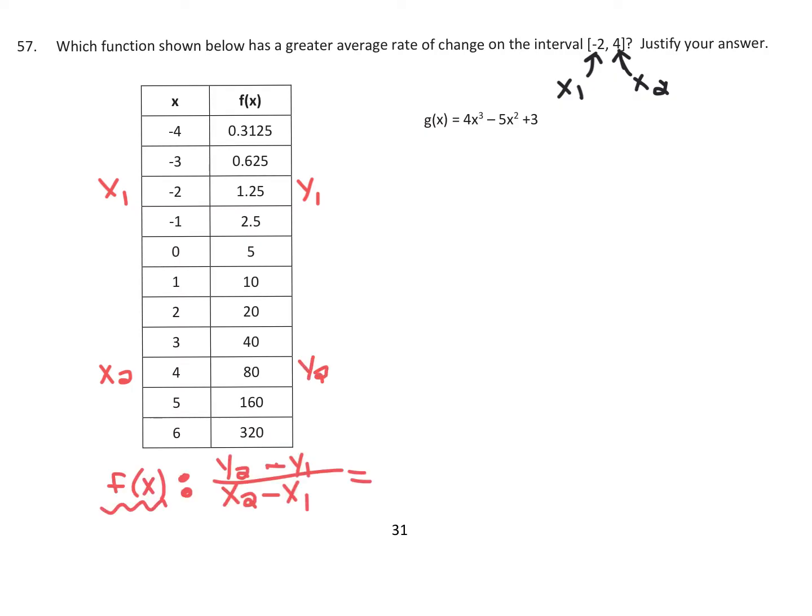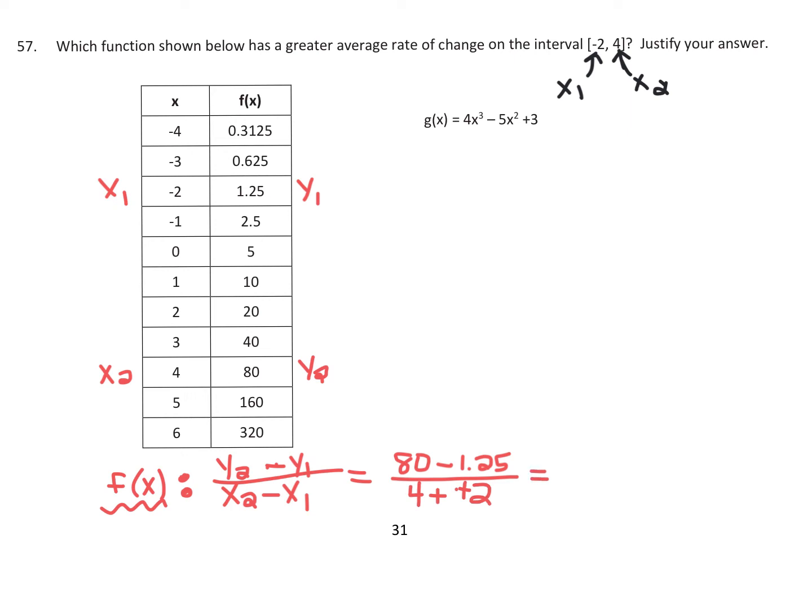All right, so let's plug these into our average rate of change formula. So we're going to do the change in y's, so 80 minus 1.25, over the change in x's, so 4 minus -2. Now, 4 minus -2, if you have a minus negative, isn't that really just plus, right?